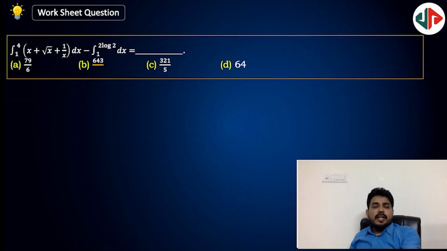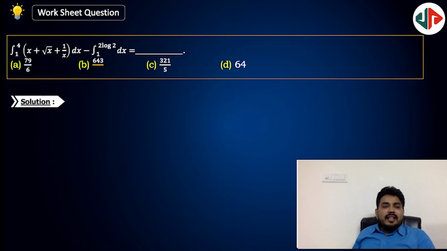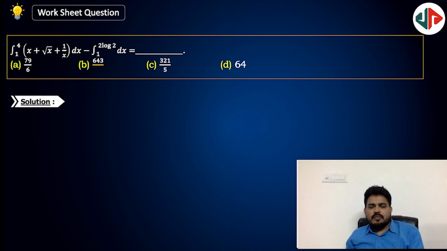The next question is the integral of x plus root x plus 1 by x dx over the interval 1 to 4. So what is the integral 1 to 4 of x plus root x plus 1 by x dx minus the integral 1 to 2 of log 2 dx?